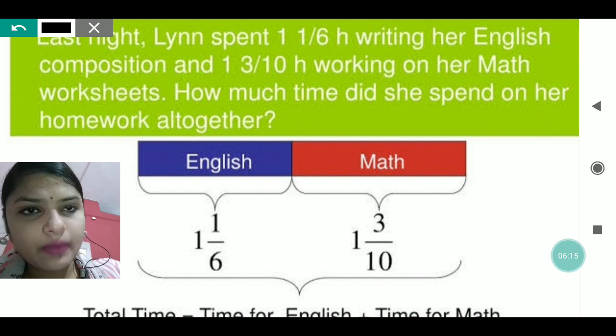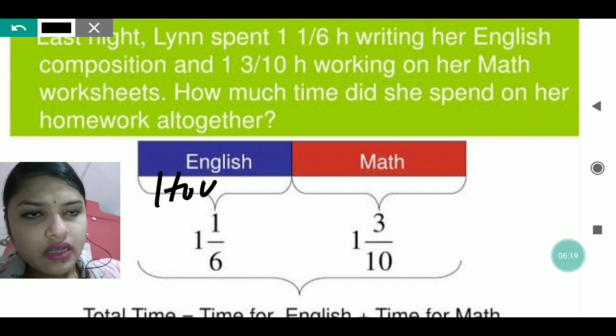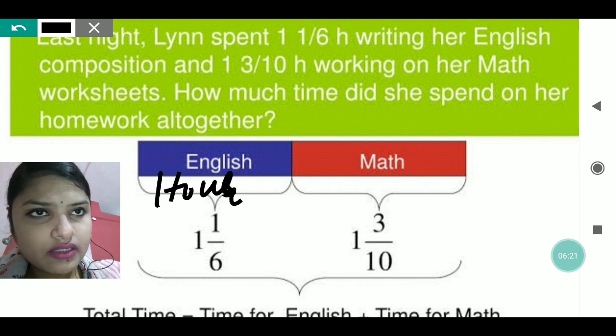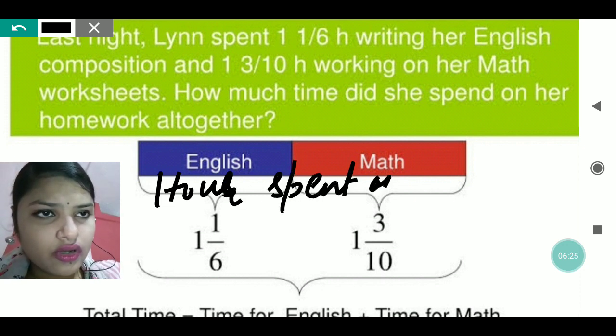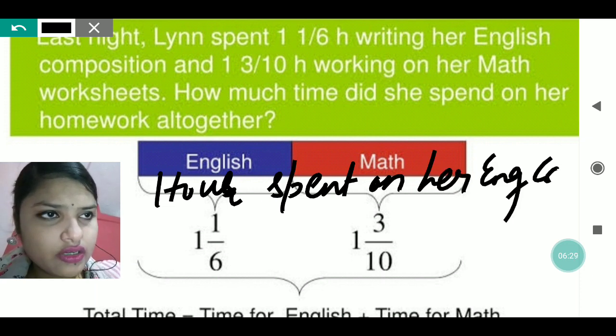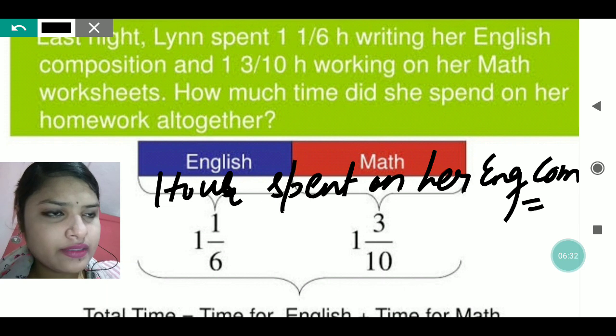You will write like this. Hour spent on her English composition, that is 7/6.